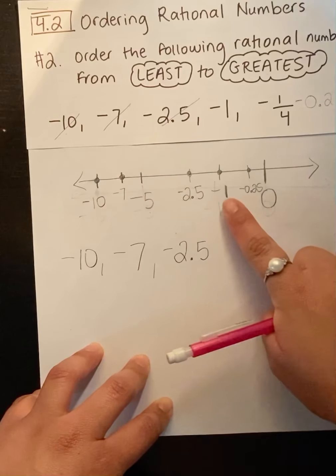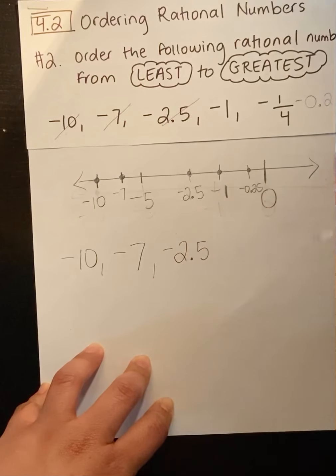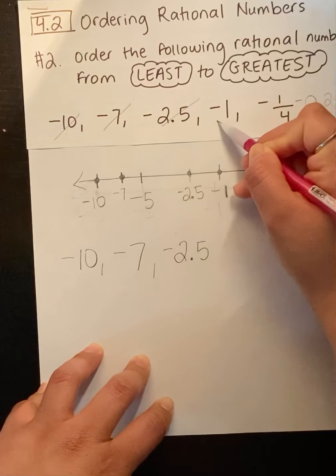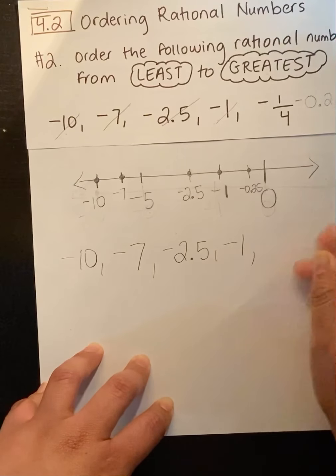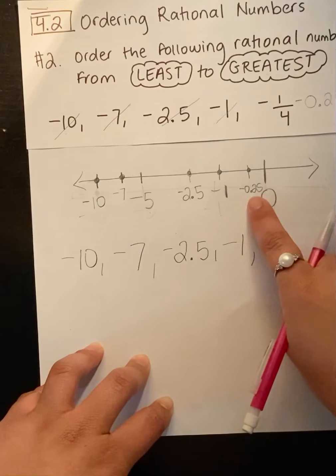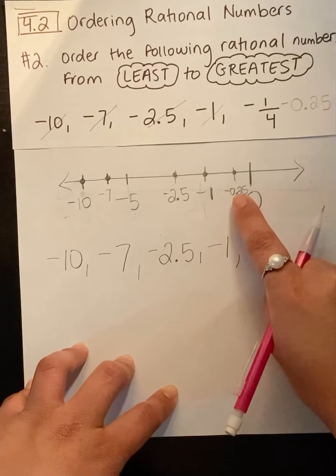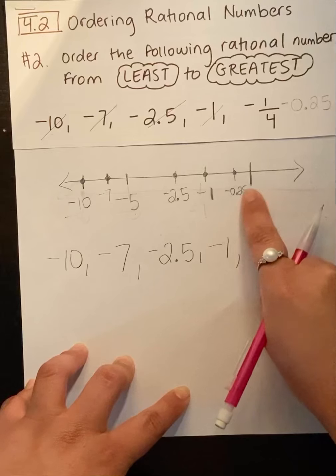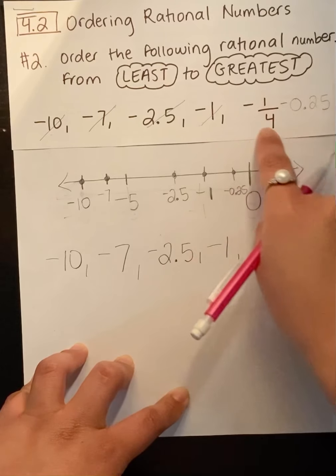My next number is negative 1. I'm going to go ahead and cross it out and write it. And my last number is negative 0.25. This number, I wrote it as a decimal on my number line, but it's very important to keep it in the original form.